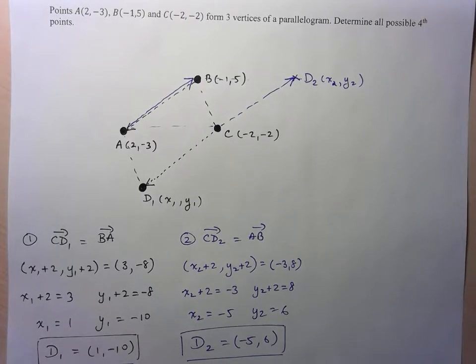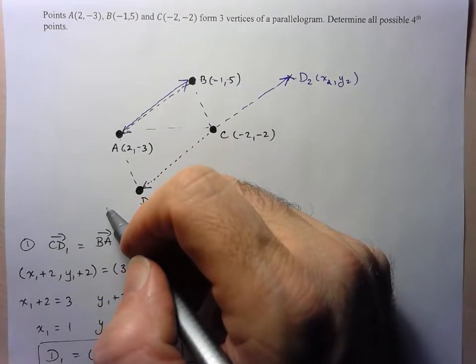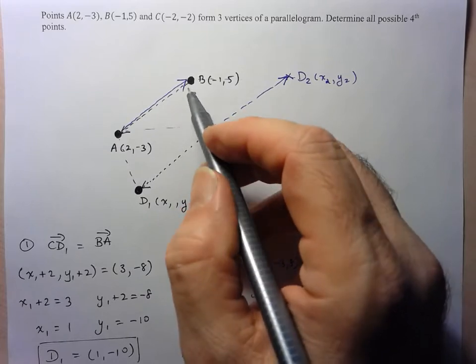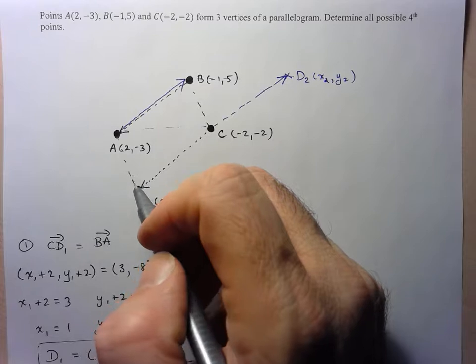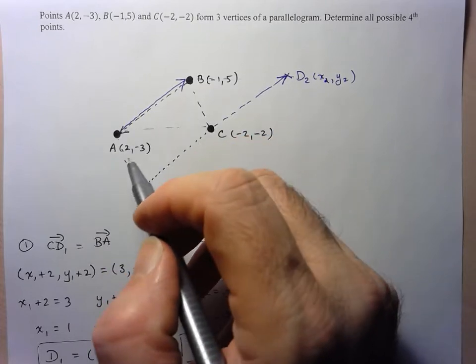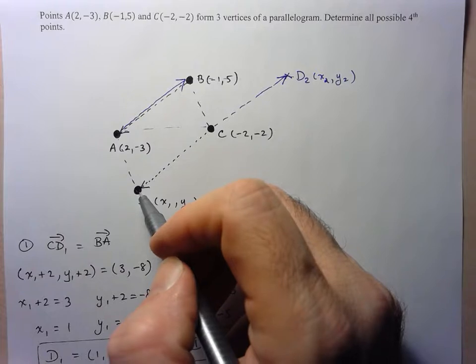So let's change color again. Okay, so I think I've exhausted this side here. Let's work with that side. Okay, so hey, there's a parallel line to BC, but I realize I've already found that point. Okay, so let's see if there's another one.